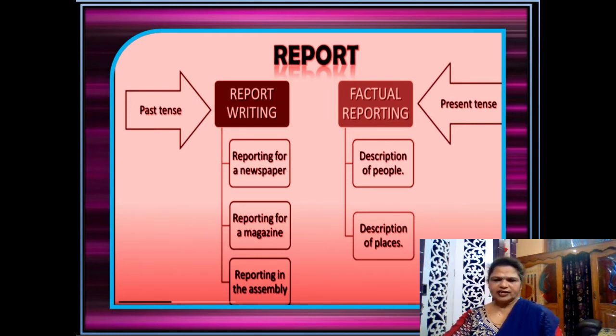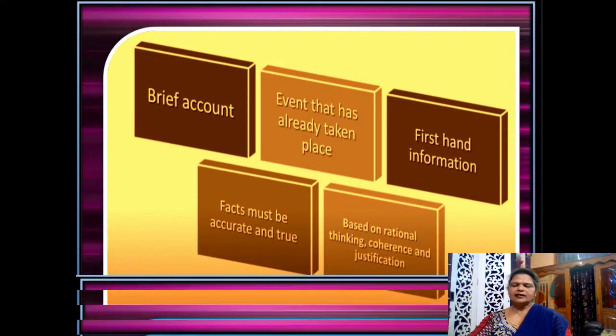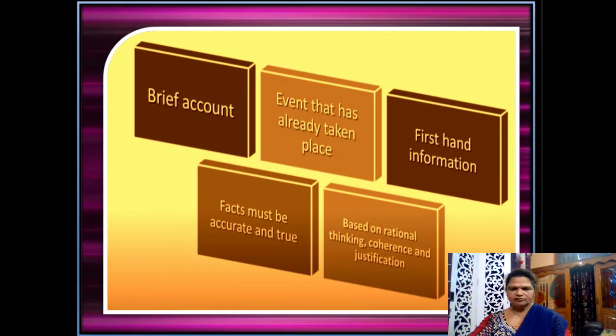So, in a nutshell, I want to tell you that a brief account needs to be given of an event that has already taken place. Whenever it is written, this is known as report writing. First hand information means it must not be that somebody else has seen the scene, narrated the scene to you, and you are writing the report.